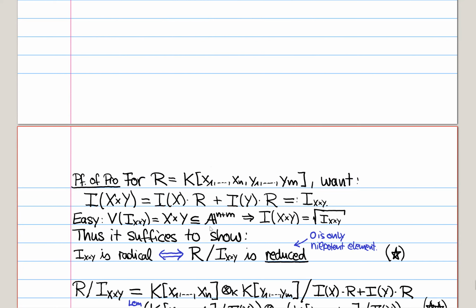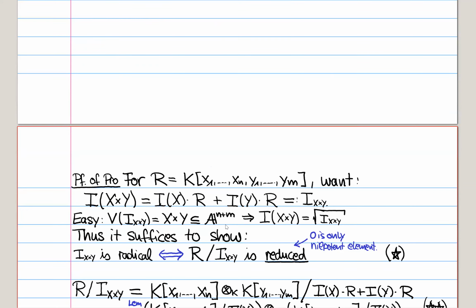The idea is that if you have an element (a,b) in this big ambient space, then requiring that all the functions in I(X) vanish on this point forces a to be in X. And requiring that all functions in I(Y) vanish on the point forces the second component b to be in Y. So this is not so hard to show.